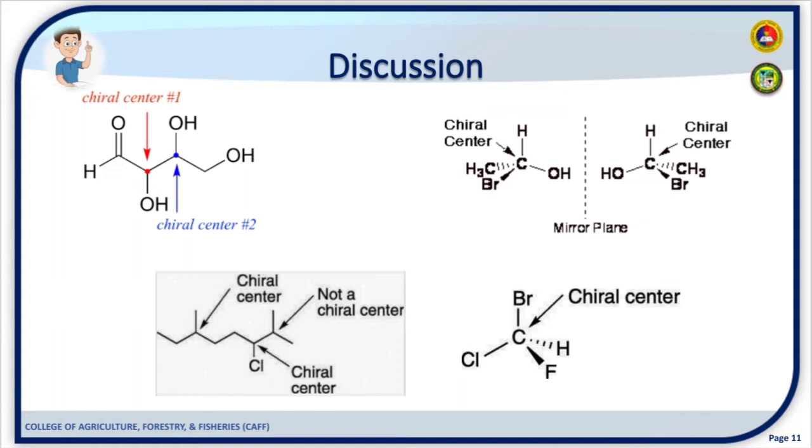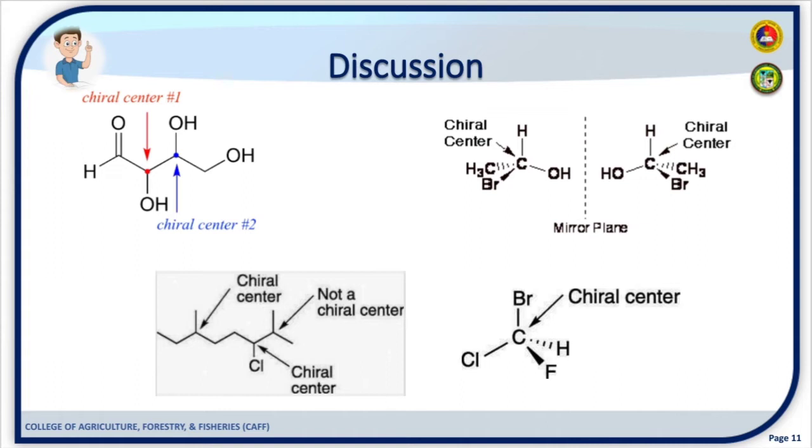Again, what is the criteria in examining if that carbon is a chiral center or not? The carbon must have 4 different substituents. In this case, the substituents of chiral center number 1 are the carboxylic acid, the hydroxyl group, one hydrogen atom, and a carbon atom.